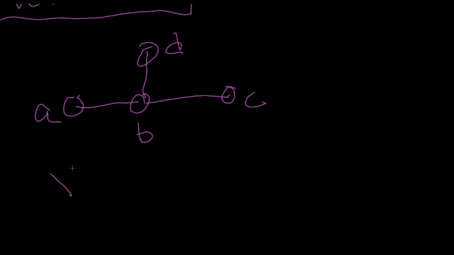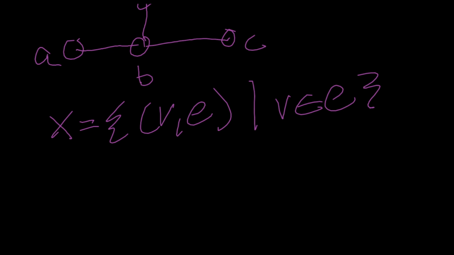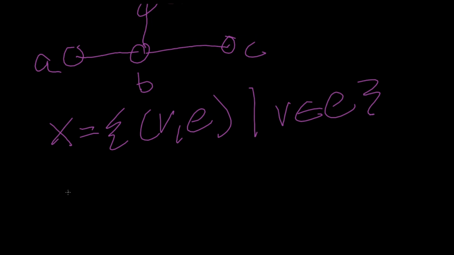And now, if X is supposed to be the set of two tuples of vertices and edges such that the vertex is an element in said edge, we can count this as the set containing, first, let's say we have two tuple of A, which is connected to the edge AB.